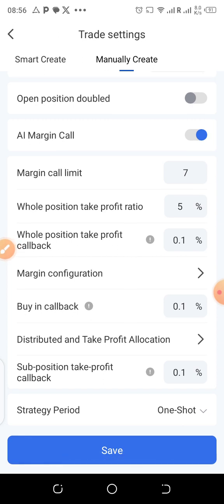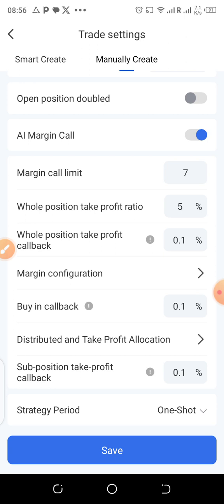So now they are saying, let's go to the distributed take profit. If you are to trade in the sub-bin mode from the 5th call, 6th call, up to the margin call limit that you set, it can be 100, 200.